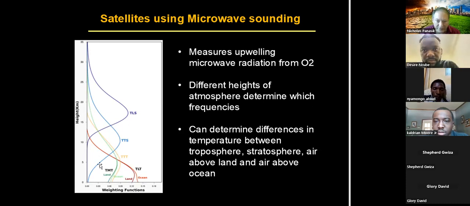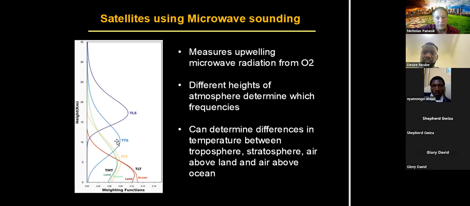You can see at different kilometers the frequencies and the intensities of those frequencies. So certain frequencies have a much greater intensity depending on what level you are above the earth.